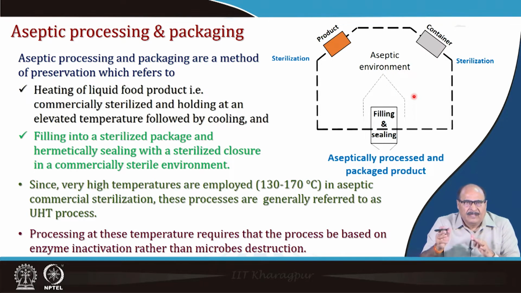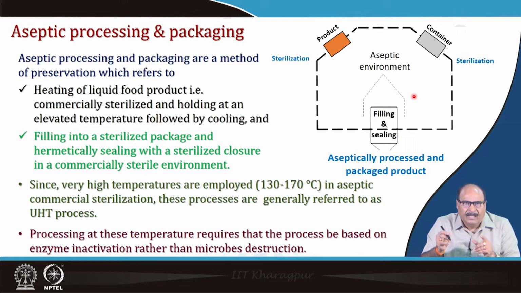Since in aseptic processing and packaging very high temperatures are employed, generally to the tune of 130 to 170 degrees Celsius, these processes are generally referred to as ultra high temperature processes or UHT processes.